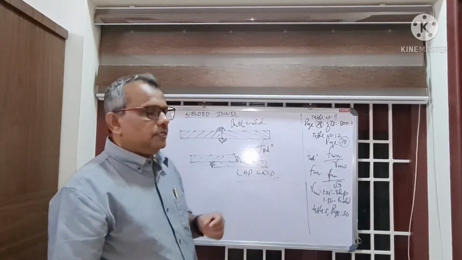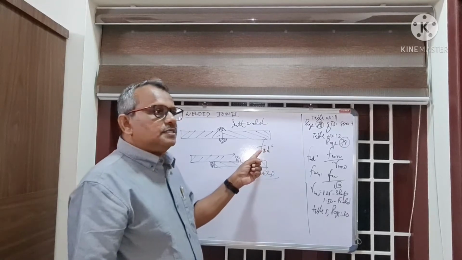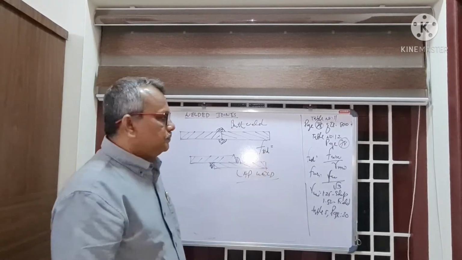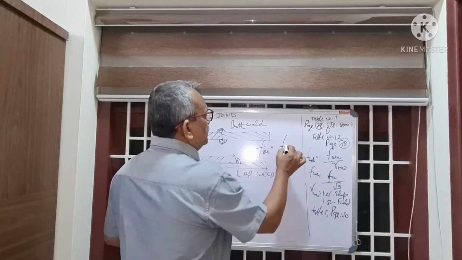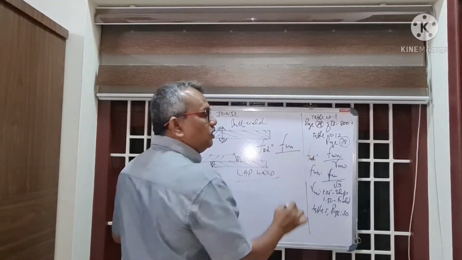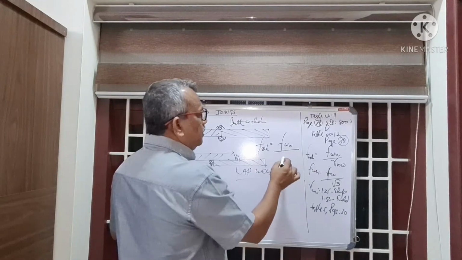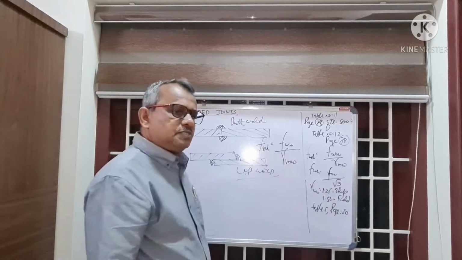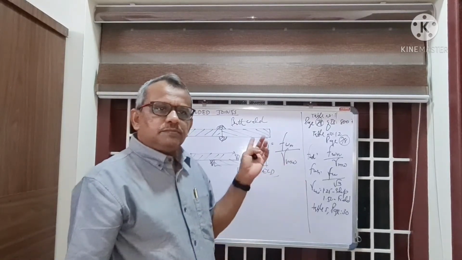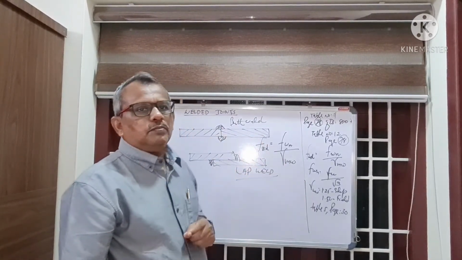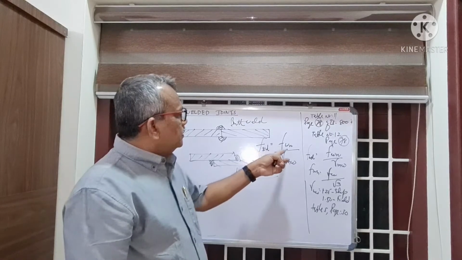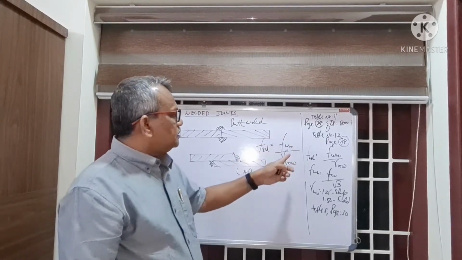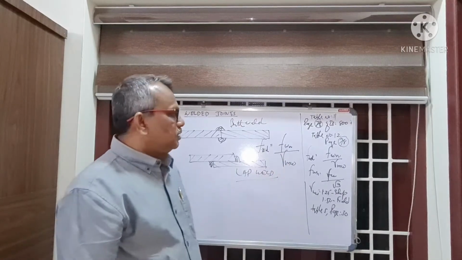What is FWD? The design shear for the welded joint, W for welding, is equal to FWN, the nominal, divided by gamma MW, the partial safety factor. The same equation as we used in the case of bolting or riveting: the design shear strength is the nominal shear strength divided by the partial safety factor.